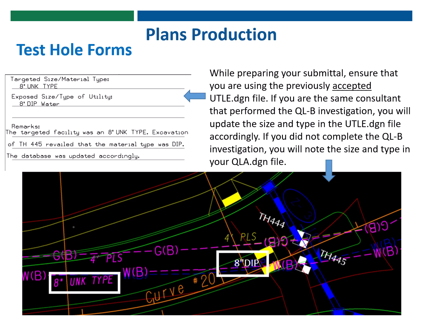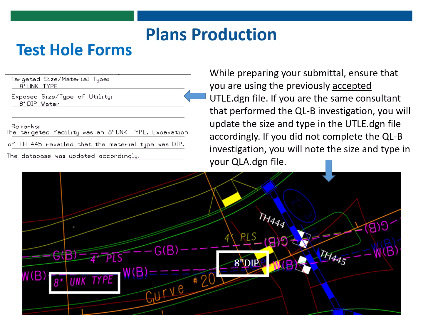So if you look down here at the very bottom left-hand corner, the magenta-colored 8-inch unknown type was in the UTLE file, and the blue water line, in a white box and white text on the right-hand side, 8-inch ductile iron pipe, is what was found during the QLA investigation. They were able to identify the material type.